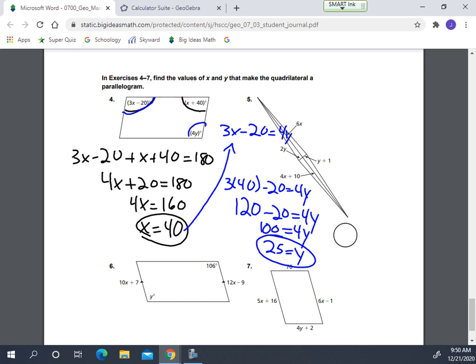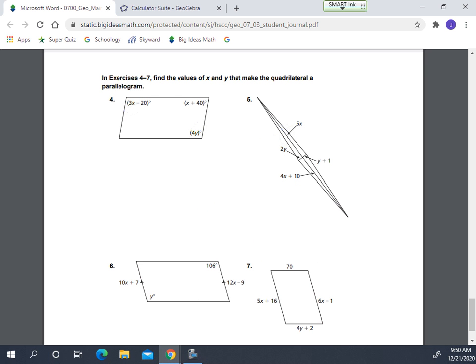Number 5. What do we know? We know that this side has to be congruent to this side. Okay, the diagonals have to be congruent. We know that this side has to be equal to this side. Let's start with y. 2y is equal to y plus 1. Well, y is equal to 1.